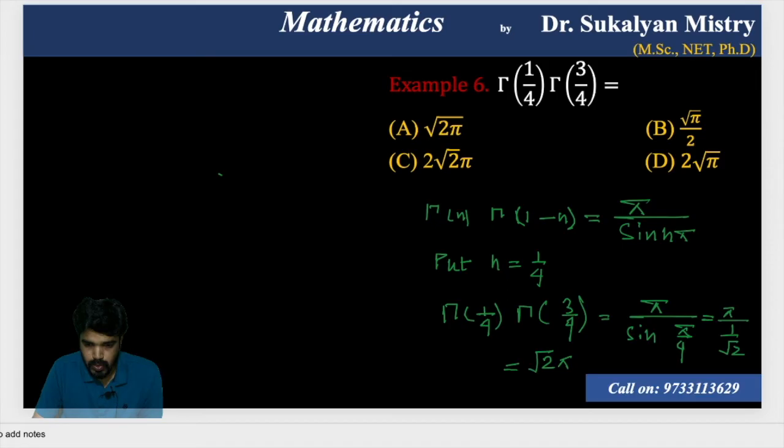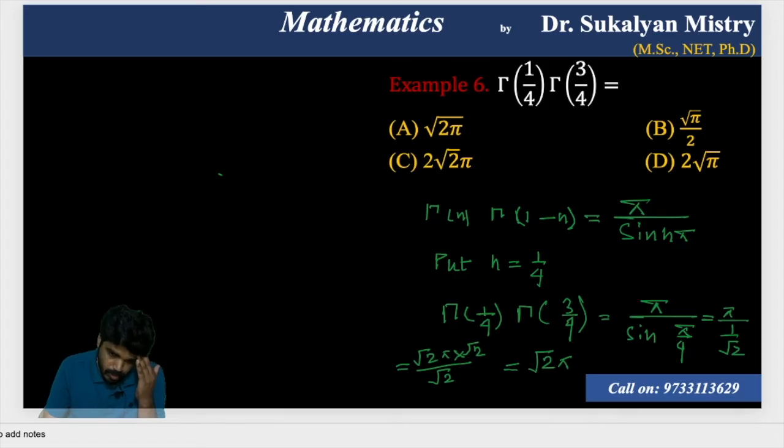So this will be root 2 pi by root 2 into root 2, that means 2 pi by root 2.